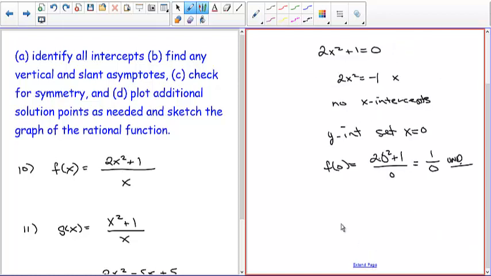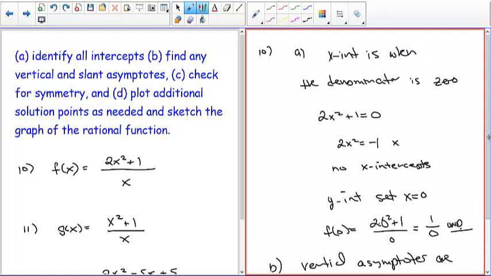Now, vertical asymptotes. So that is where the vertical asymptotes are, where the denominator, did I write numerator out here? I did that again.